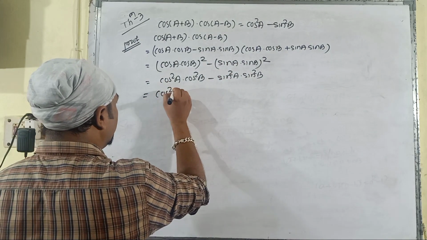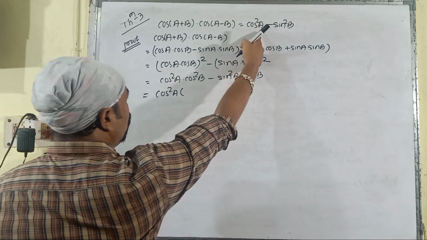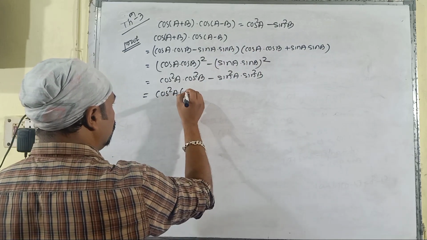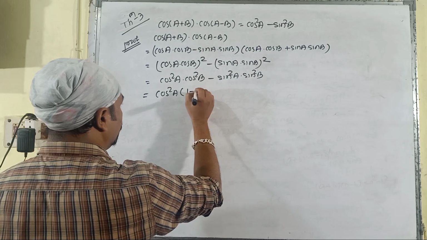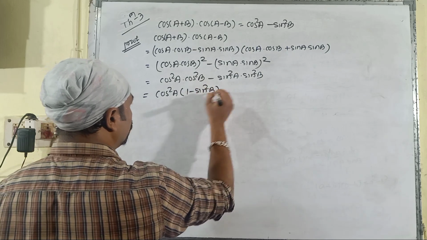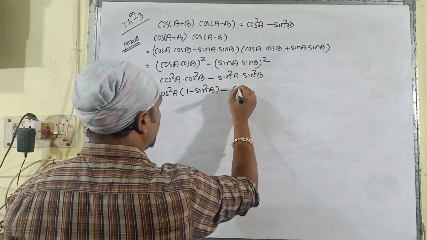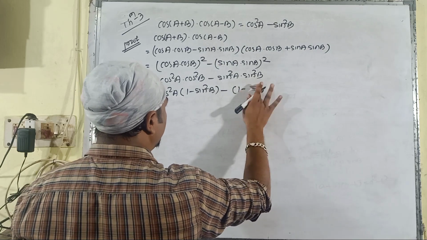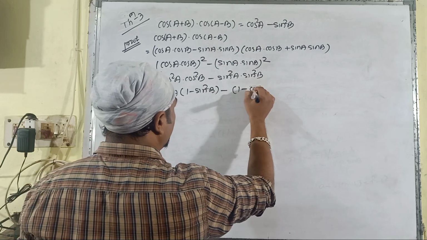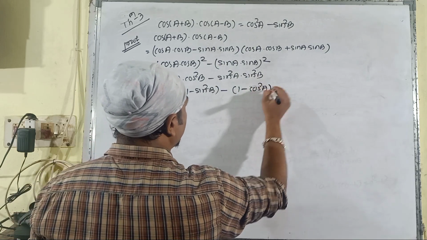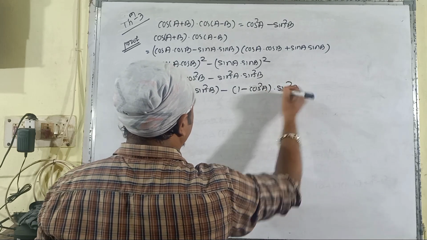So we don't need cos square B; cos square B will be converted into 1 minus sin square B, and sin square A will be in the form of 1 minus cos square A, multiplied with sin square B.